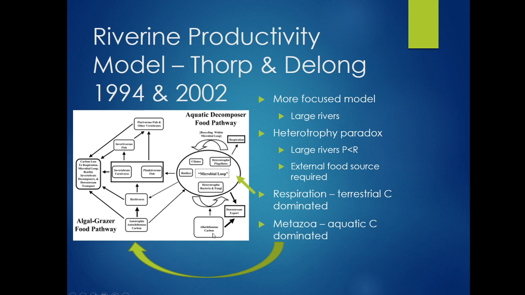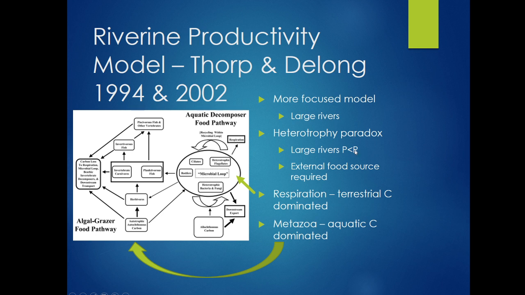But what happens to all the terrestrial carbon, the allochthonous carbon? That is put into this microbial loop, basically eaten by bacteria and fungi, and just recycled within the microbial loop. So when we see this heterotrophy paradox, how can you have a stable river ecosystem if respiration is higher?